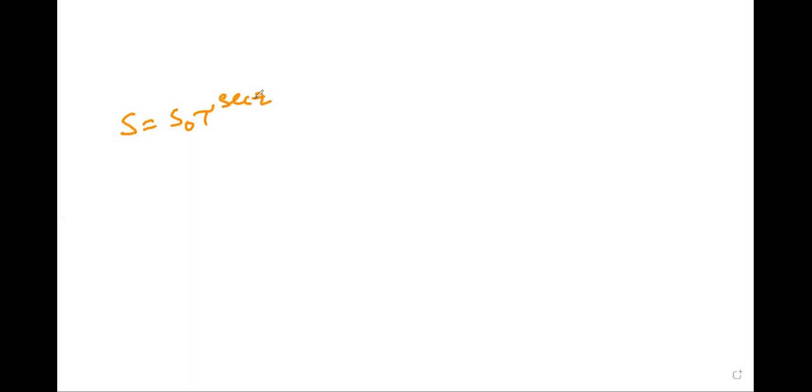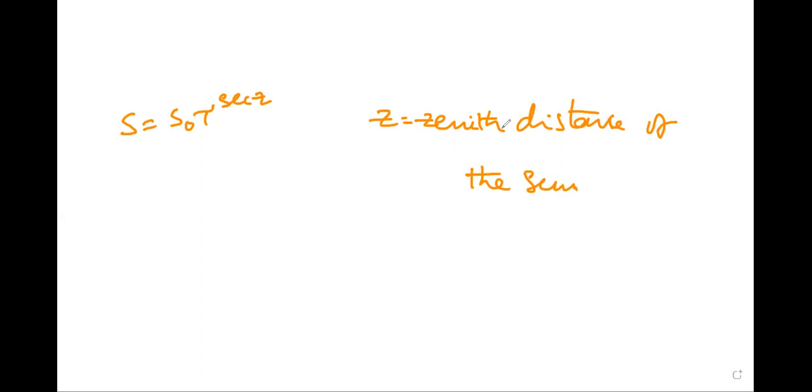What is Z? Z is the zenith distance of the sun, that is, the angular altitude.